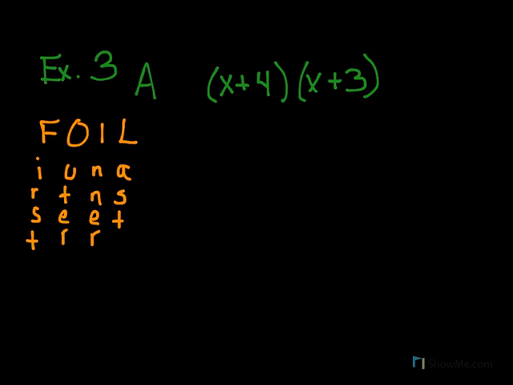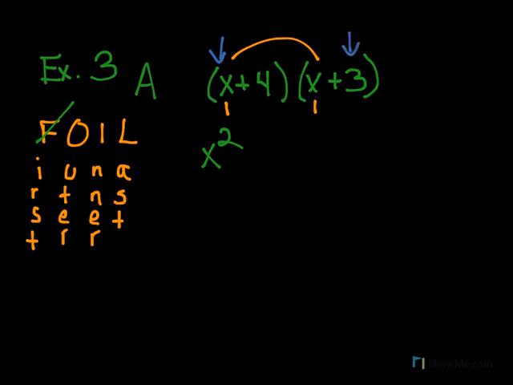This is my first term in this polynomial, and this is my first term in that polynomial. So x times x is x squared. That's my first. I'm done with my first. Now I'm going to go with my outer. What are my outer terms? Well, this x is one of my outer terms, and this 3 is one of my outer terms.